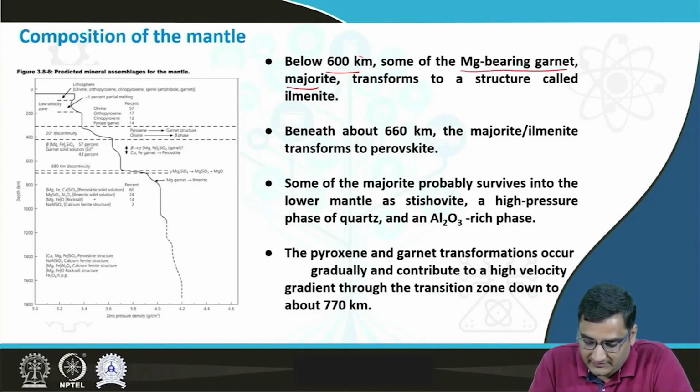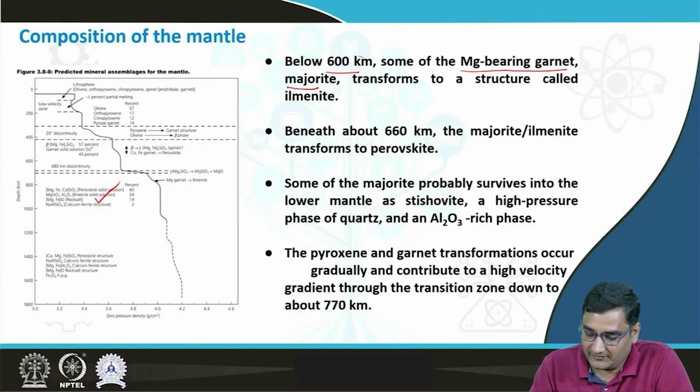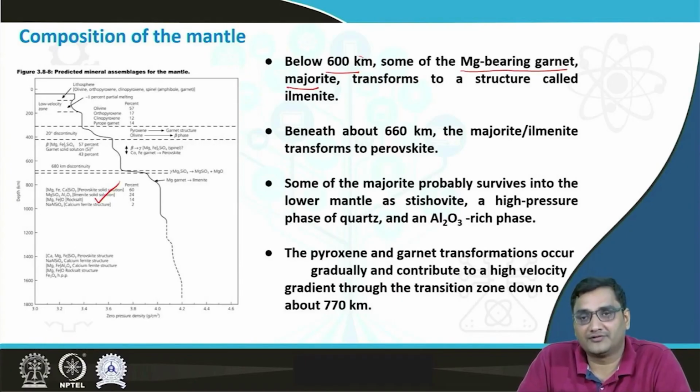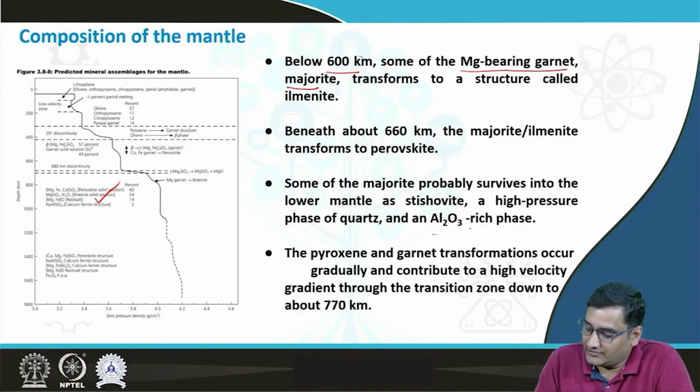And beneath the 660 kilometer discontinuity, the majorite transforms to perovskite, and some of the majorite is probably still there in the lower mantle, as stishovite, a high pressure phase of quartz, and an Al2O3 rich phase.